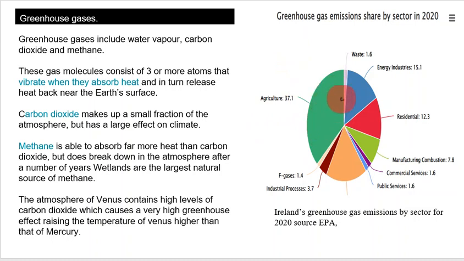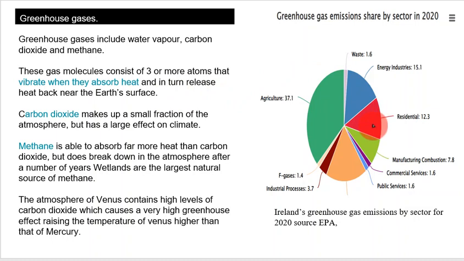When we want to get rid of waste, that contributes CO2 and greenhouse gases too. Then there are energy industries, for example mining coal and taking oil out of the ground. We use a lot of energy, and we produce a lot of greenhouse gases in that process as well.